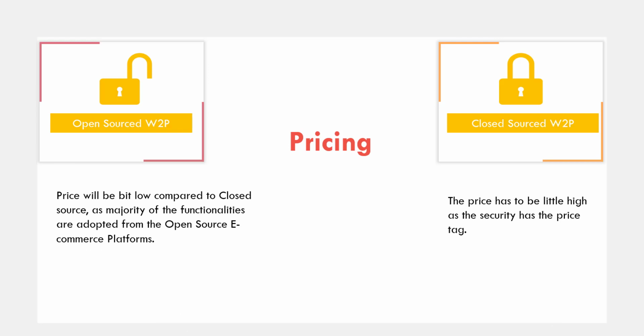The price of a closed source solution would be a little bit higher, because they have developed in-house each and every functionality based on the requirements of a print business. They have understood the print business and created each and every module of that web-to-print solution based on your printing requirement.